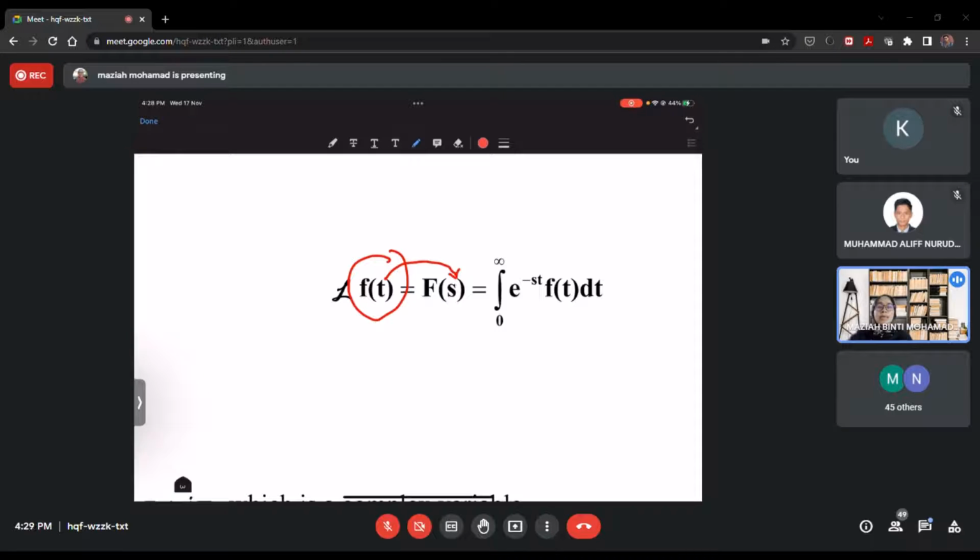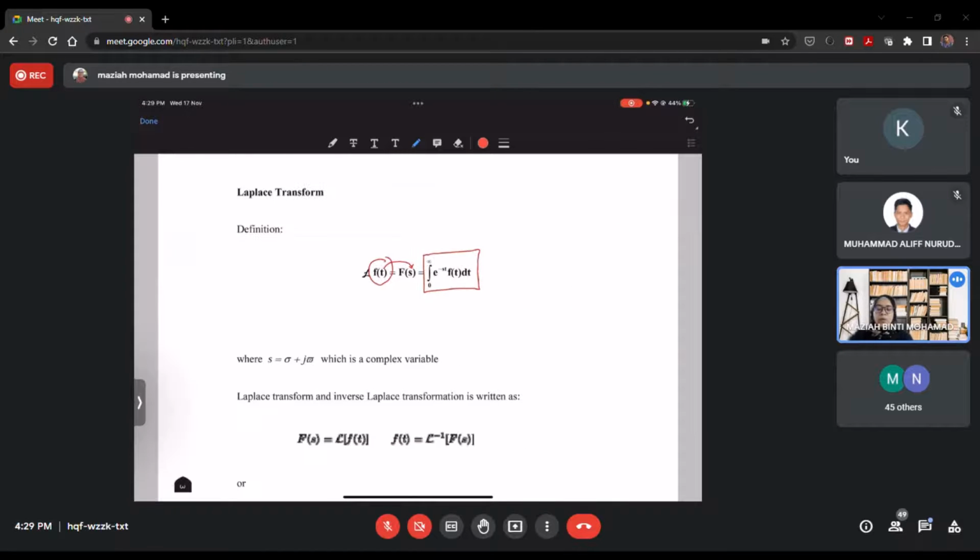In order to do the Laplace transform, the general step is to integrate from 0 to infinity the function multiplied by e to the negative st, dt. So this is the general step.